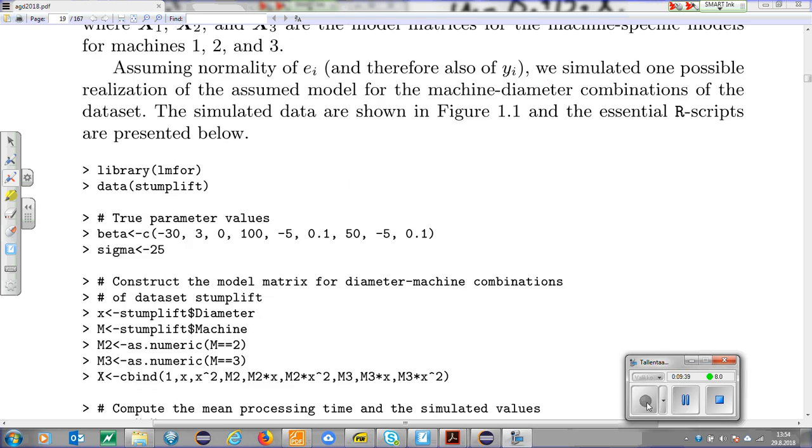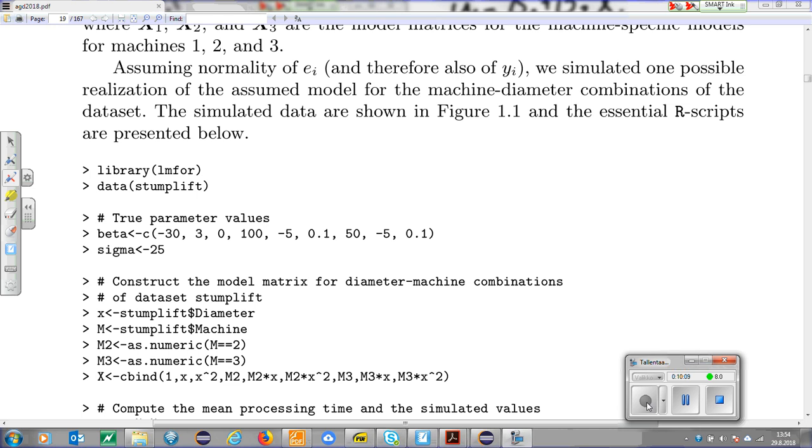And then just to illustrate the thinking behind the linear model, we assume that there is a true model behind the data, then we have some data, we can observe something that is a realization of the model, and based on that we try to estimate the model. Now we are doing something that is not done in the analysis, but this is illustrating how we think about the process in statistics.